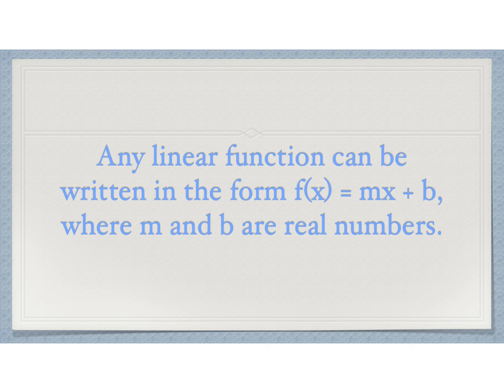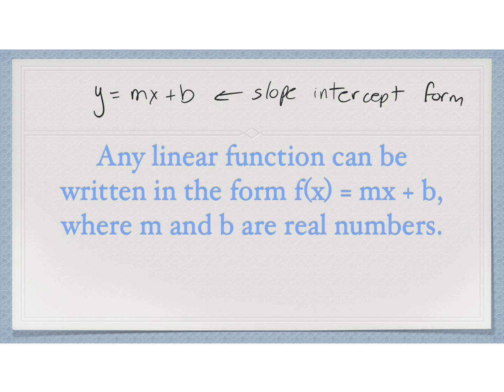Also, any linear function can be written in the form f of x equals mx plus b, where m and b are real numbers. Now, you guys know this as the slope-intercept form. So we have y equals mx plus b. This is the slope-intercept form. Between the slope-intercept form and this form, the only difference is that they put it in function notation with an f of x instead of a y.